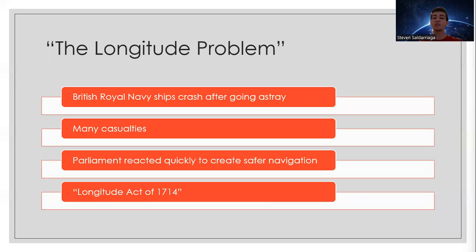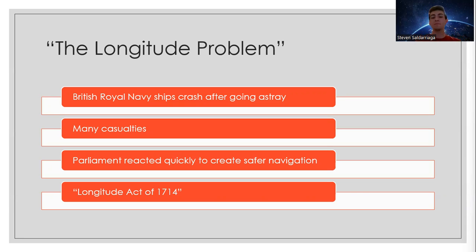They then passed the Longitude Act of 1714, which established a panel of renowned scientists to test out people's theories on how to properly and accurately measure longitude. I should also mention there was an added incentive of about 20,000 pounds, which adds up to about $3 million today, all of which was supervised by that appointed panel.